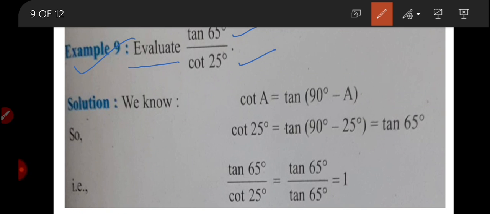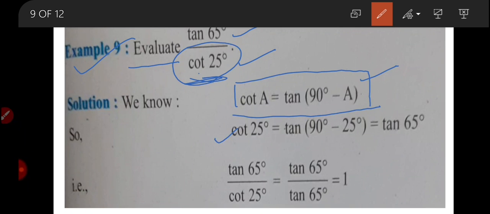You know the complementary angle, cot A is equal to tan(90 degree minus A). So you can write cot 25 degree is equal to tan(90 degree minus 25), here A is 25, which is tan 65 degree.